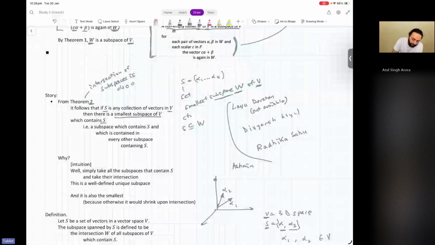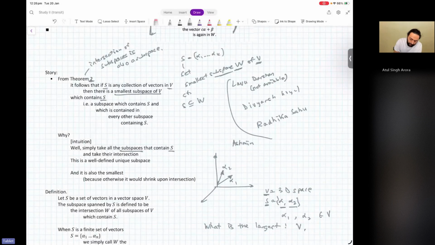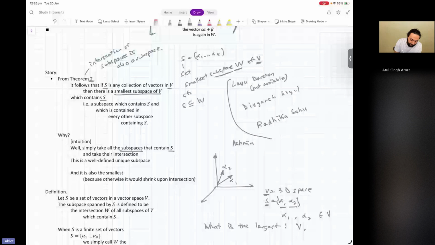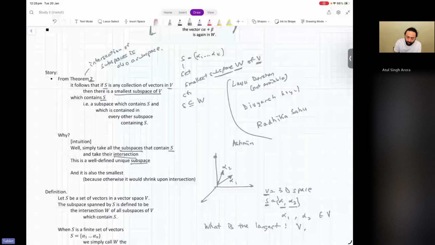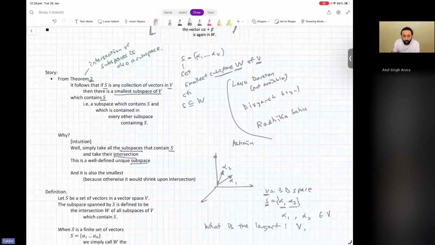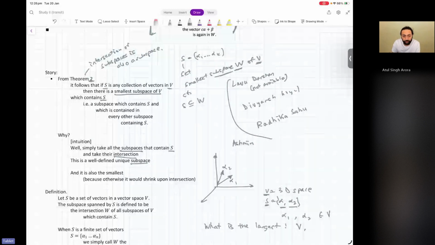So this allows us to think of a notion of the smallest subspace. What we can say is that you take all possible subspaces that contain the set S and you take their intersection. If you do this, you will have a unique subspace, because the intersection is well defined. It's a unique object. Is that okay?